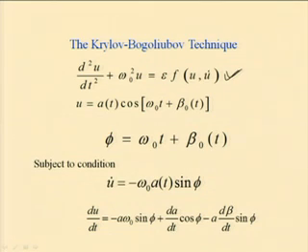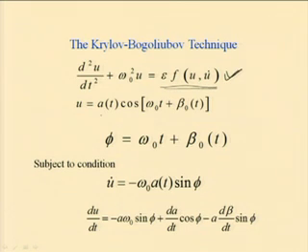Initially, by assuming the right-hand side equal to 0, the solution can be written as a cos(omega 0 t plus beta), where a and beta are constants. But when we take the right-hand side term, epsilon f, which is a function of u and u dot, instead of assuming a and beta to be constant, we assume they are functions of time.